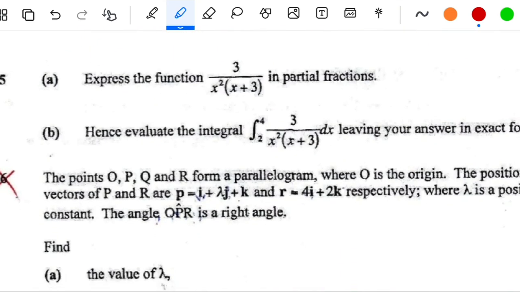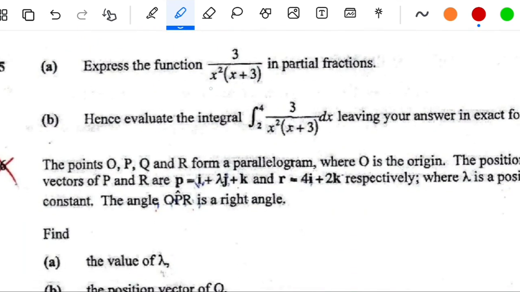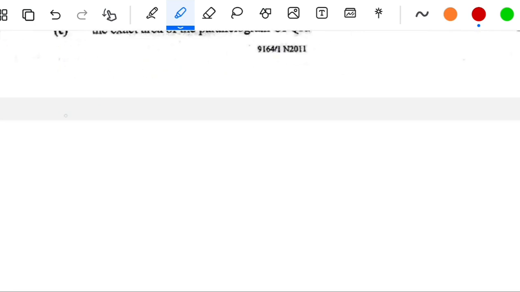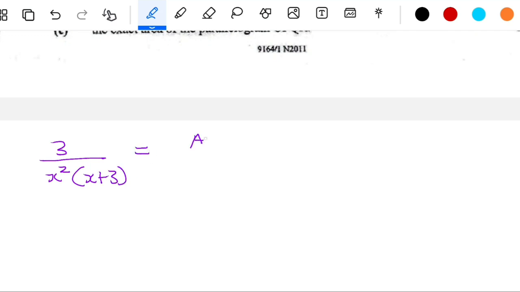Number 5 says express this one in partial fraction. Okay, so let's do that. We've got 3 over x squared (x plus 3) equals a over x squared plus b over x plus c over x plus 3.